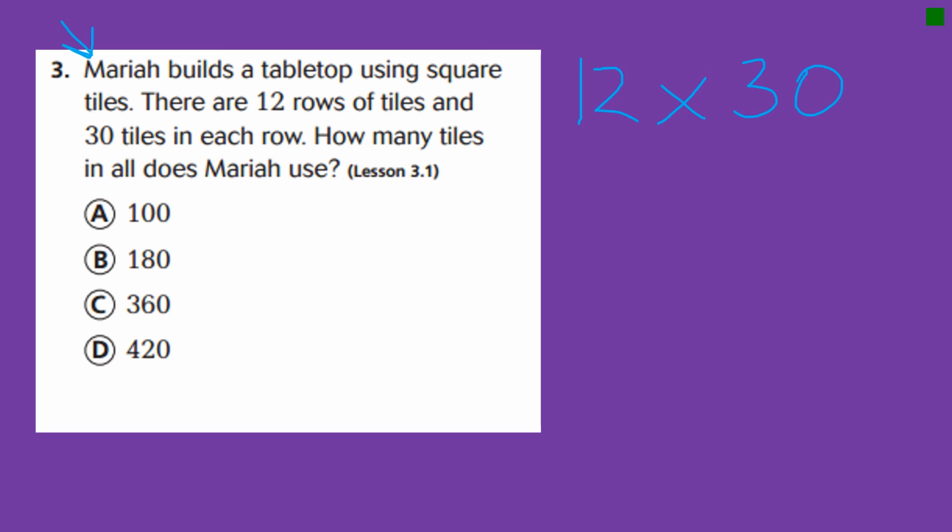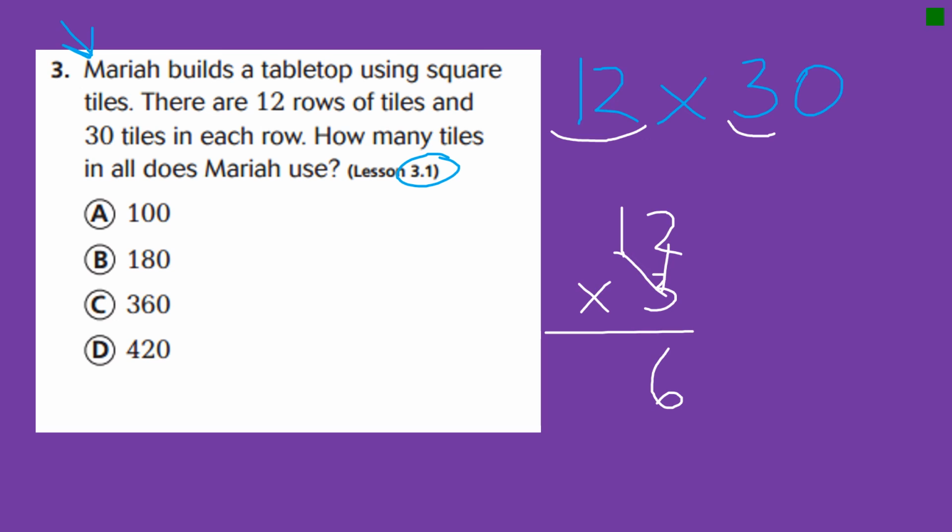Well, you could draw an area model for this if you wanted to, but we just did this a couple of lessons ago. Okay, guys, so let's think about 12 times 3, right? 3 times 2 is 6, 3 times 1 is 3, and then ring-a-ding-ding, add that 0 on.